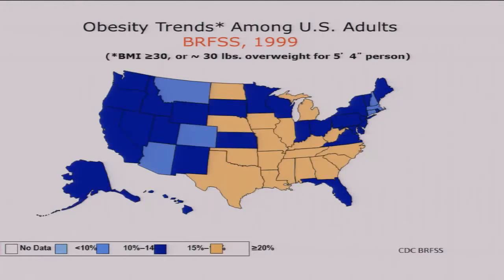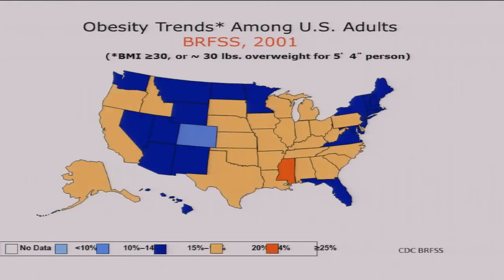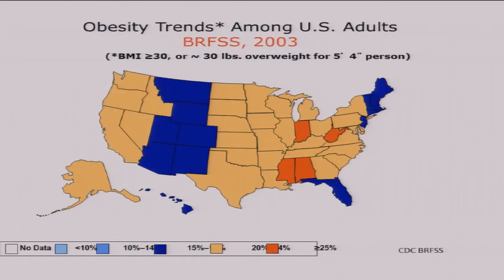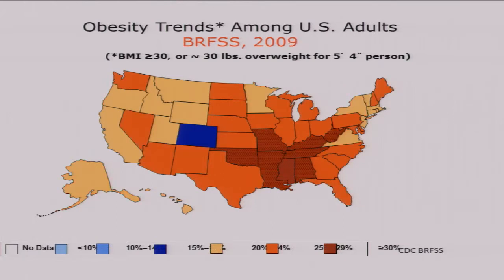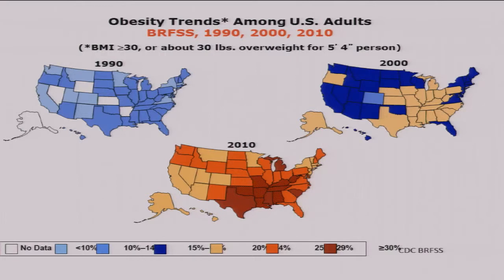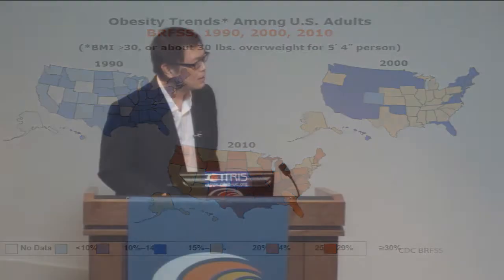And you can see, as this scrolls through the years, that things aren't getting better, but rather this map is getting darker and darker red over time. As a country and as public health researchers, we've been trying to understand what it is about our lifestyles and the environments in which we live. They could be social environments or food environments or built environments, you name it, that could be responsible for this.